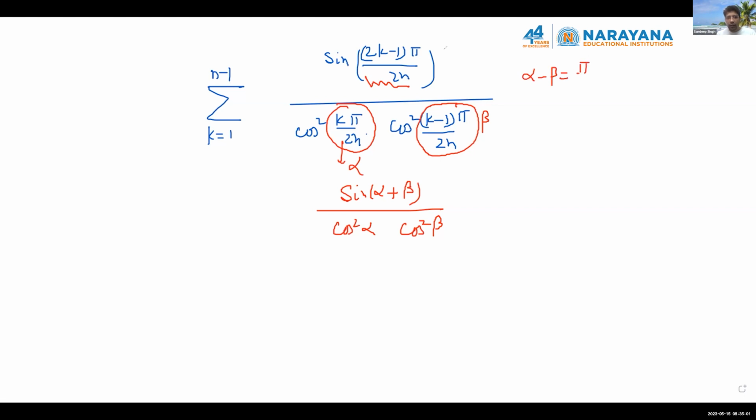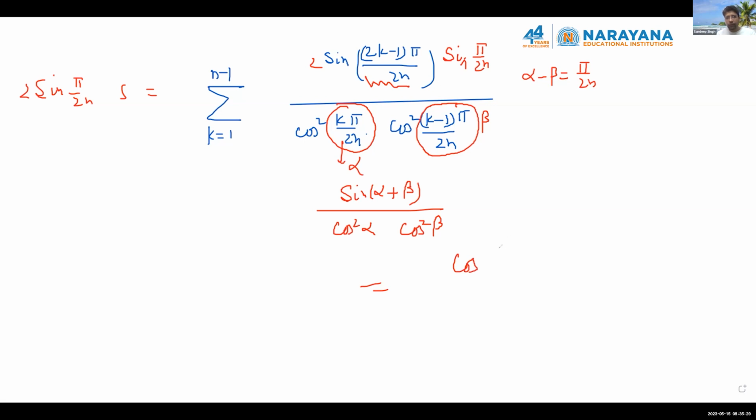So as you said correctly, we can multiply sine of what? Pi by 2n in the numerator as well as in the denominator. So that will be sine pi by 2n, sine pi by 2n. And what is 2 sine A sine B in the numerator? That is going to be cos of A minus B, correct?